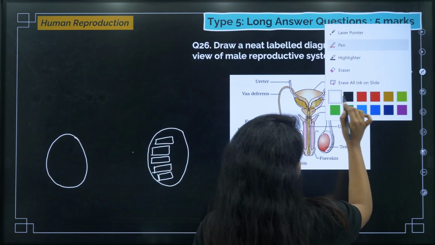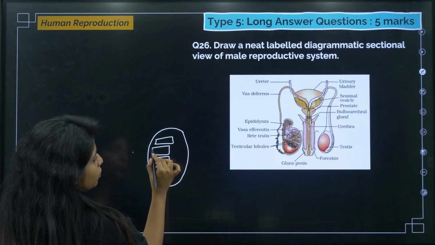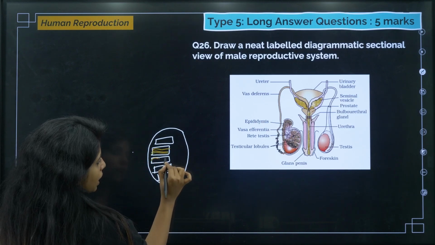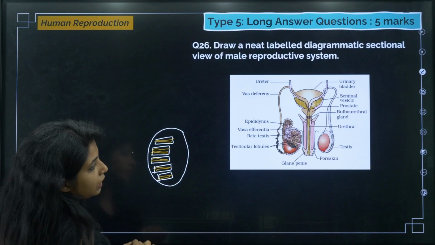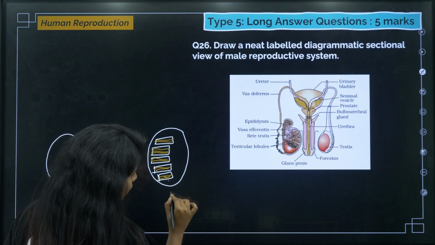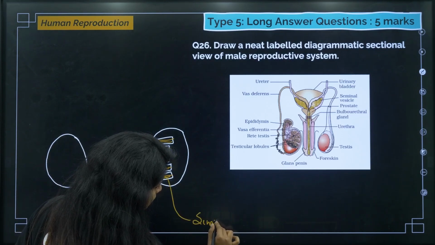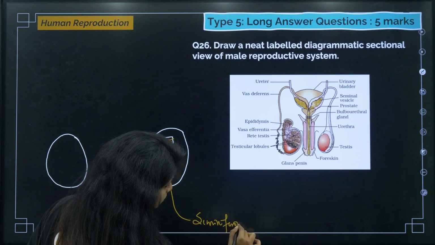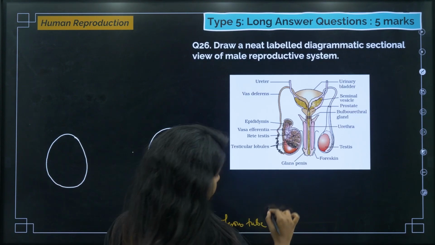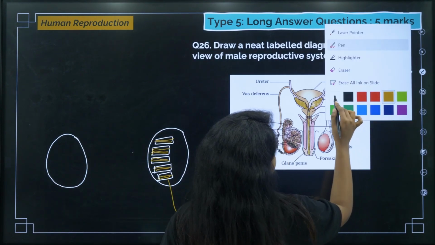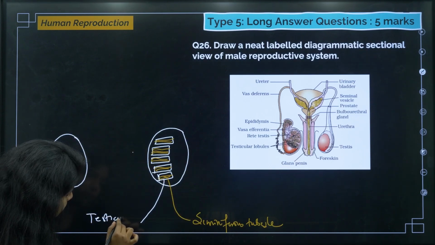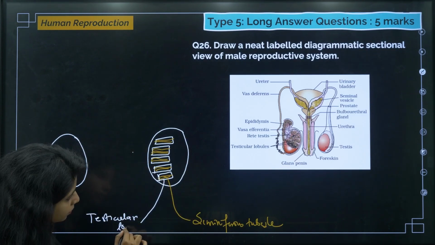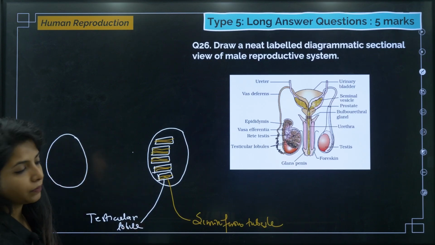Testicular lobules will be having seminiferous tubules. Agree? So make it like that. Label everything. I'll label also. This is the seminiferous tubule, and this is the testicular lobule.